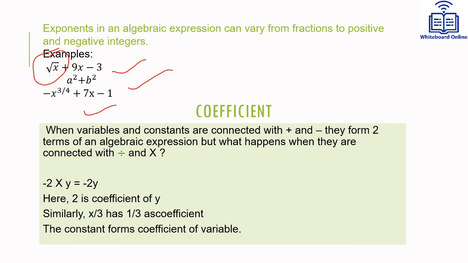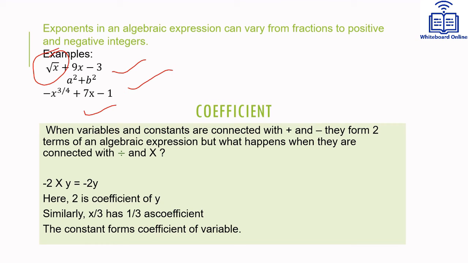Students, we have already studied that algebraic expressions have different terms connected with plus and minus as mathematical operations. But what happens when a variable and a constant, or different variables, are connected with multiply and divide?